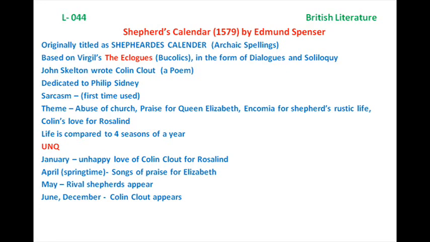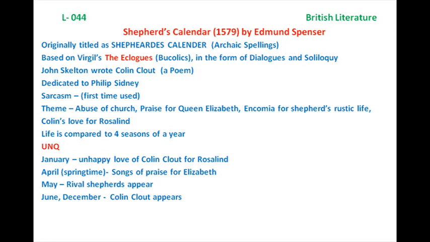And apart from this, there are several themes related to the corruption in church, abuses of the church, misuse of the power, and then Colin's unhappy love for Rosalind, and there is a praise for the Queen Elizabeth, and also encomia. You can also call it praise.